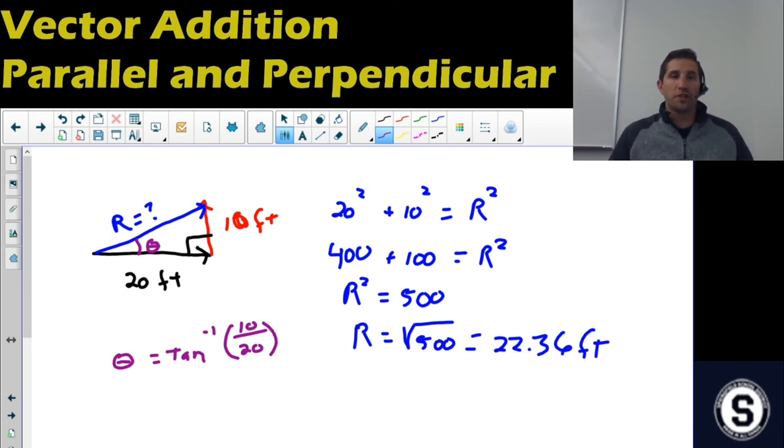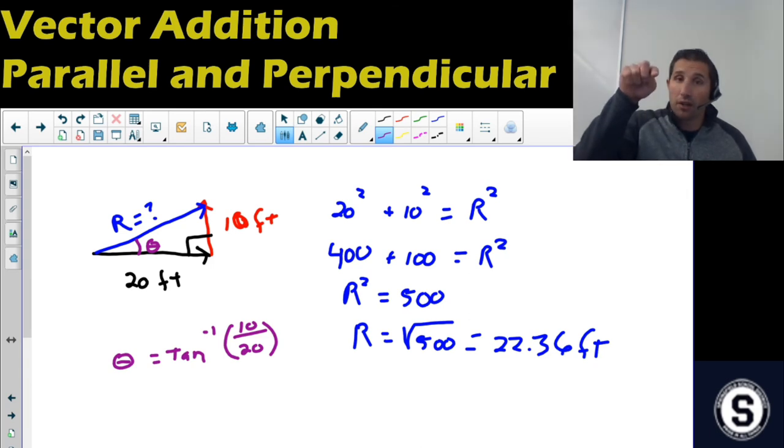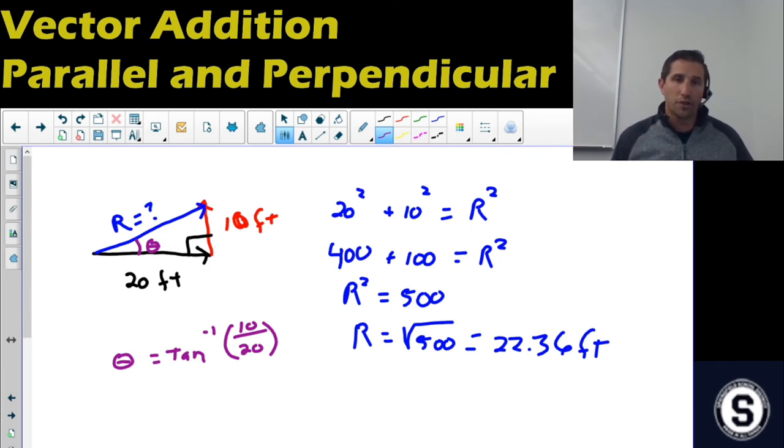Now, before we do this, an important note. When you put this into your calculator, first of all, to get the inverse tangent, you need to hit the second button on your calculator. You'll notice that your calculator has a button for sine, cosine, and tangent, and then above it, it says inverse sine, inverse cosine, inverse tangent. We want to make sure that we're using that inverse function, so hit the second button when you do it. The other thing that's important is you need to make sure that your calculator is in degree mode.